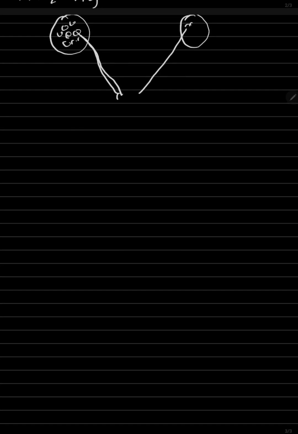From what we just discussed, we saw that light is a particle. So imagine this is a window and this is a window, and these two windows are releasing light. This light is going this way, this light is going this way.